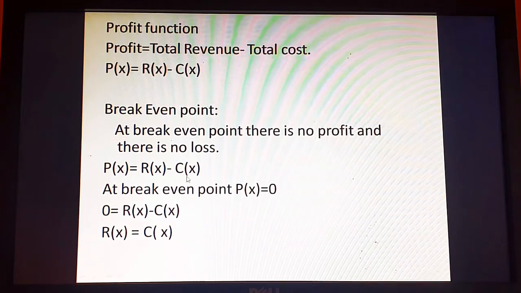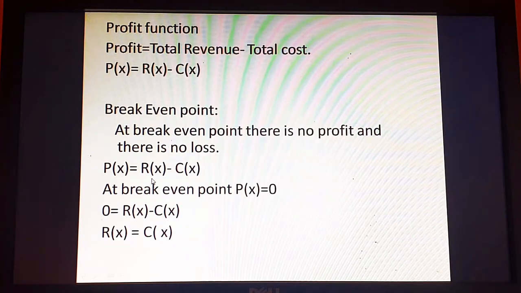P of X is equal to R of X minus C of X. What is R of X? Revenue function. Very good. What is C of X? Total cost function. What is P of X? It's your profit function. So at the break-even point, P of X will be equal to 0 because there is no profit, no loss.